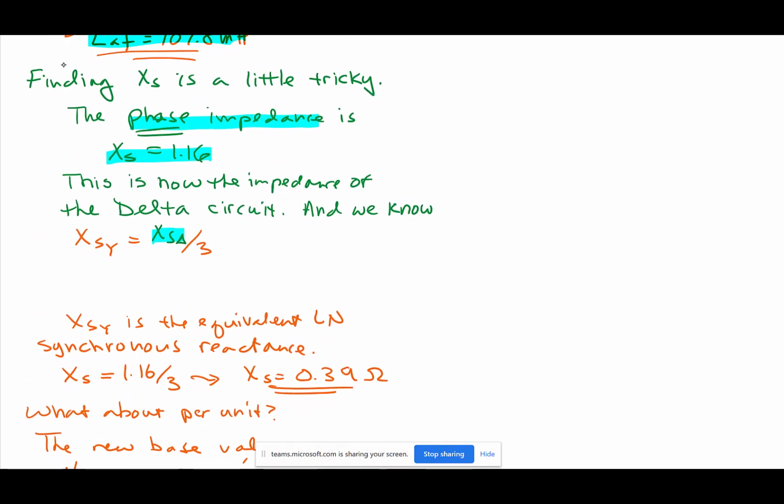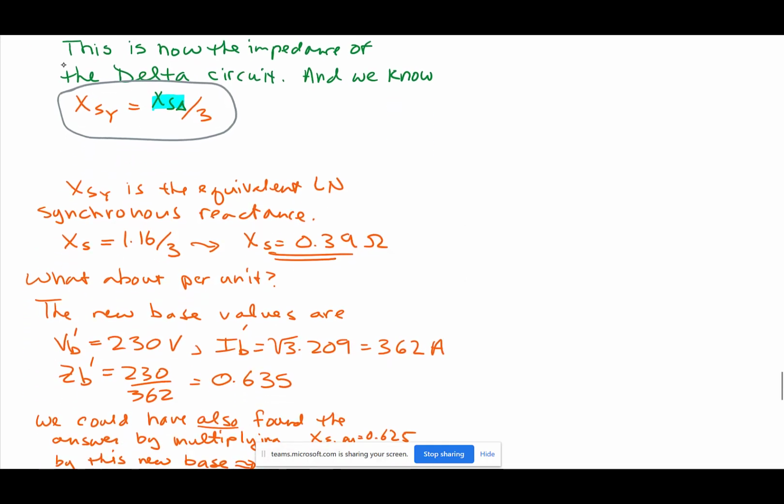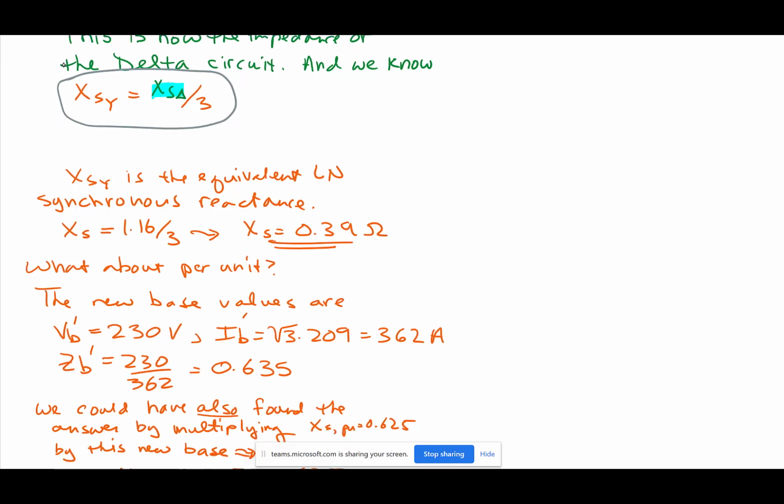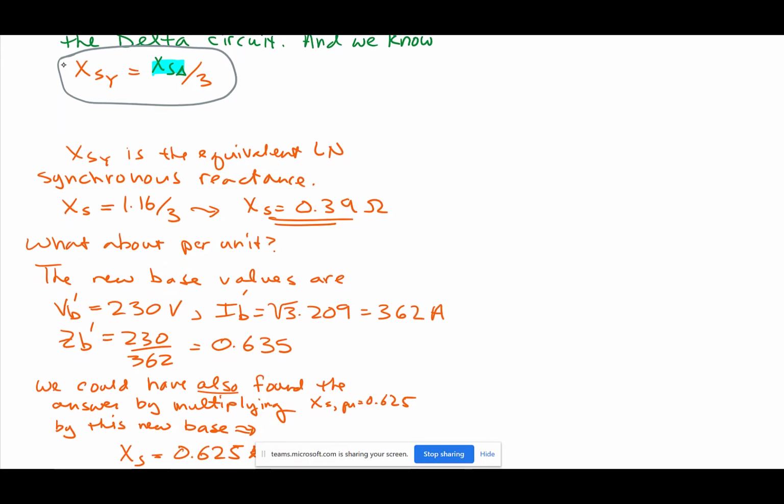And so remember, we had this expression from the very beginning of the class. There's a factor of 3 difference between the Y and the delta. And the synchronous reactance then for this rewound machine has been divided by a factor of 3, and it's this.